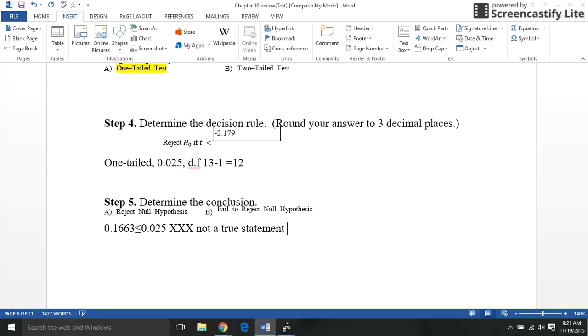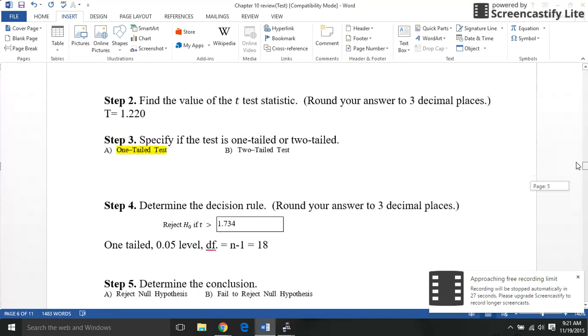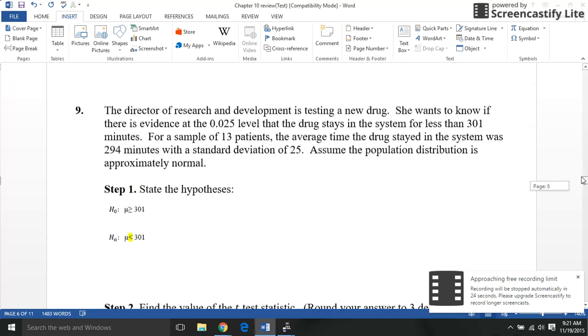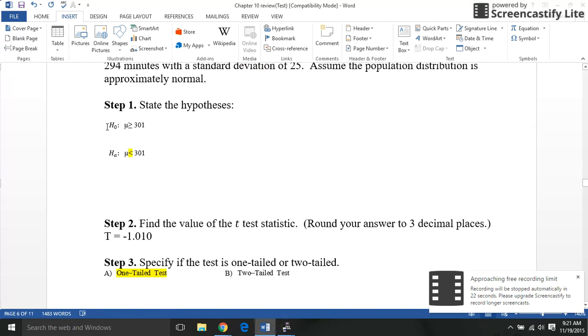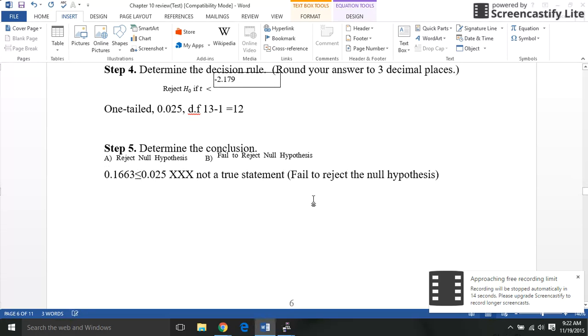So again, I'm going to fail to reject the null hypothesis, which means that if I go up here and look at it, this one is correct. The mean time is greater than or equal to 301. Okay, so I'm going to put this right here.